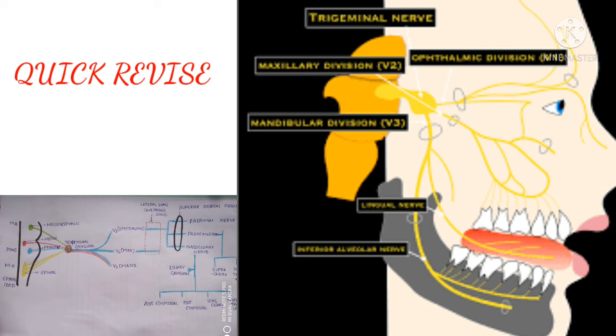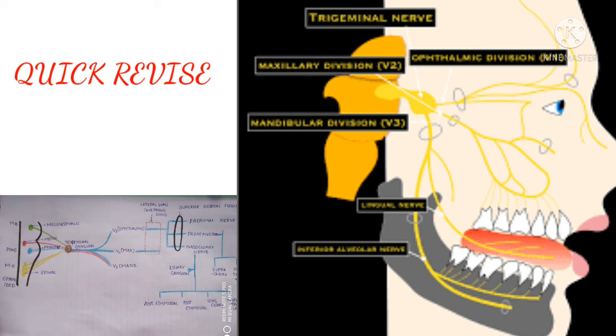We have our trigeminal ganglion, which is situated at the middle cranial fossa, and there is a concavity called the trigeminal cave. From the trigeminal ganglion, it arises into 3 branches, V1, V2 and V3, which are ophthalmic, maxillary and mandibular. Ophthalmic and maxillary are purely sensory and the mandibular is a mixed nerve.